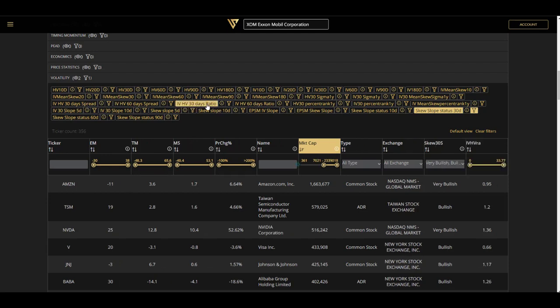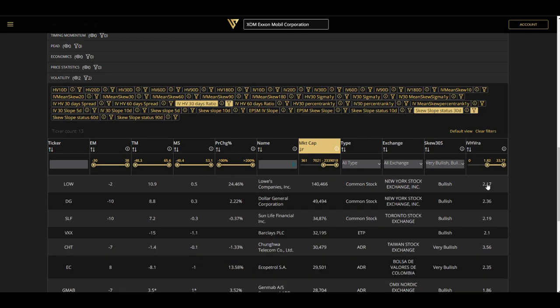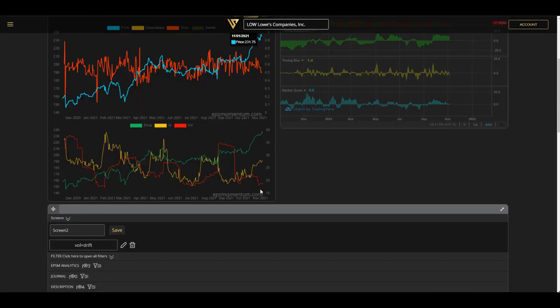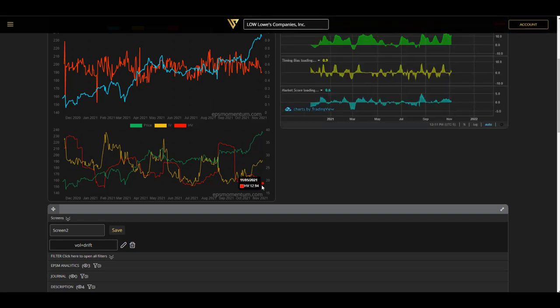So if I do the 30-day historical vol, what does that mean? Well, if the ratio is very high, let's say 1.8, that means that the implied vol is expensive compared to the historical vol. That means the options are pricey compared to the actual volatility of the stock.